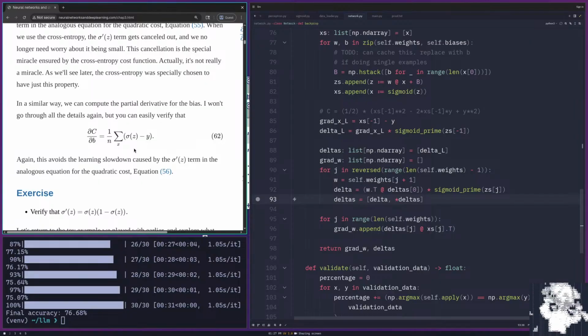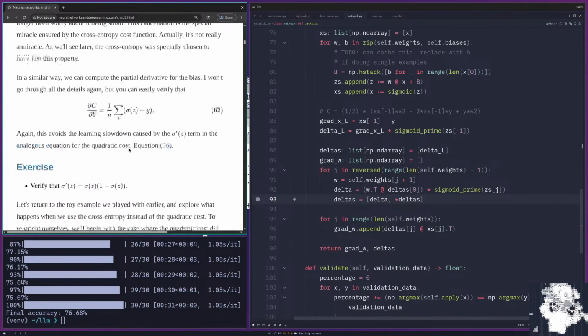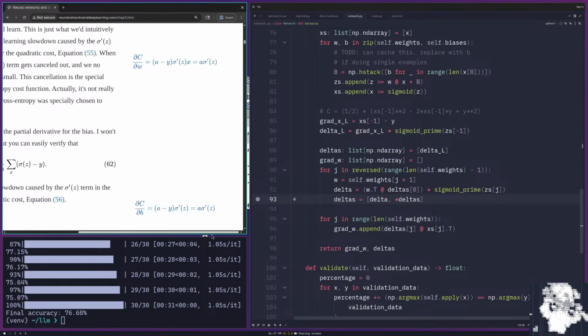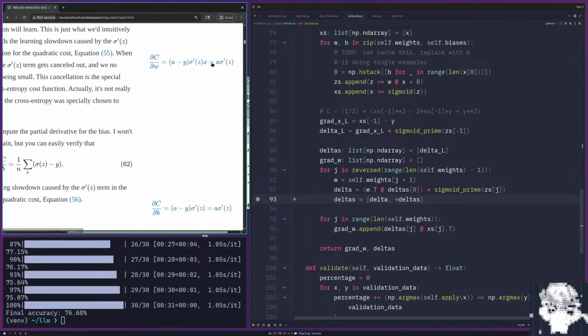Yeah, I don't know. I guess I'm a little confused. If this is what we're doing right now, activation times sigmoid prime of z is the derivative with respect to the w.